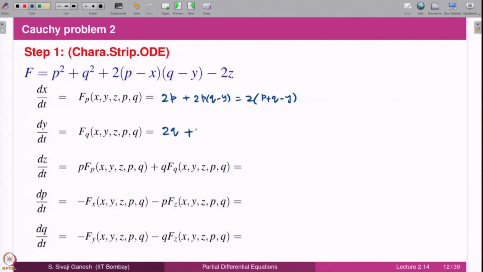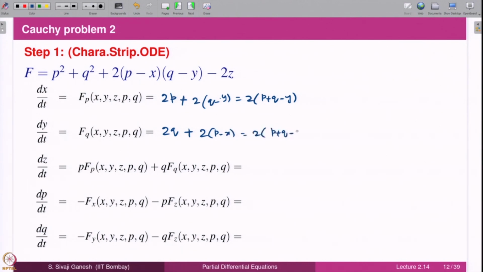Now, there is no p here. 2p comes from p^2, plus 2(q - y). And here it is 2q plus 2(p - x), that is 2(p + q - x).